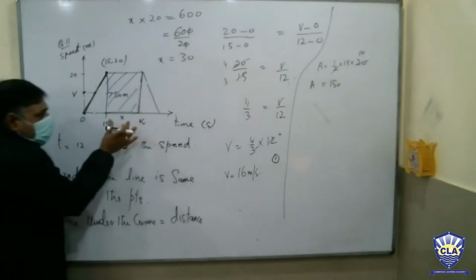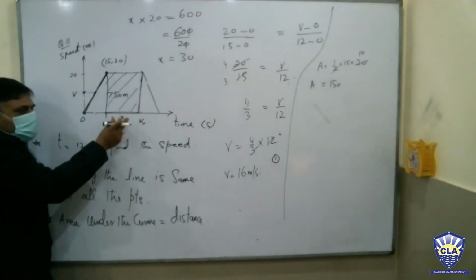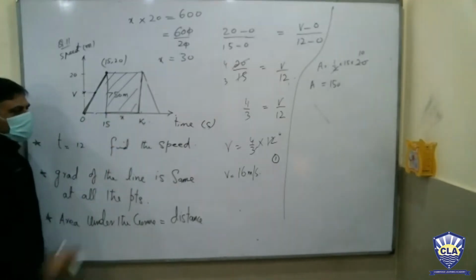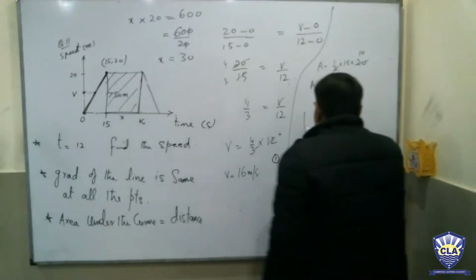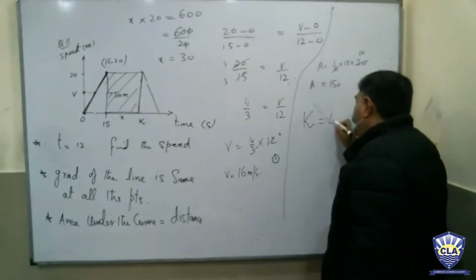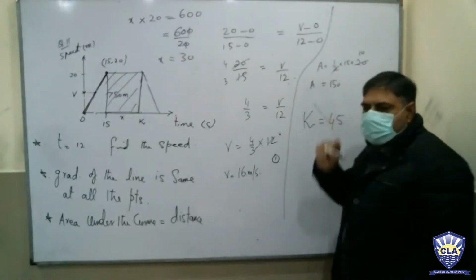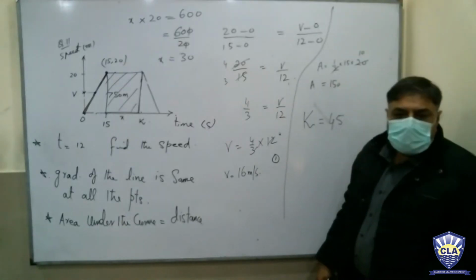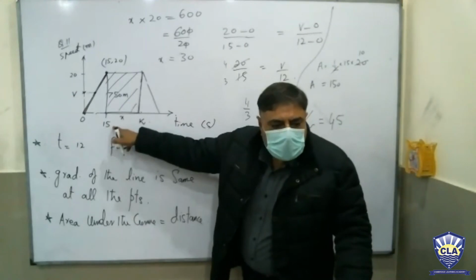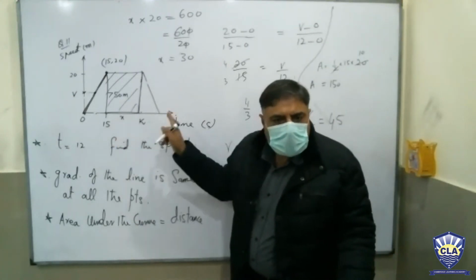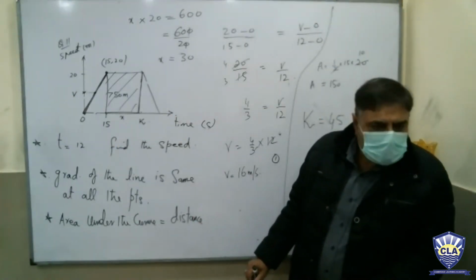X is 30. This gap is 30. Now what is K? K equals 45, because x is 30, so we add 15. Add 30 and 15, we get the answer.